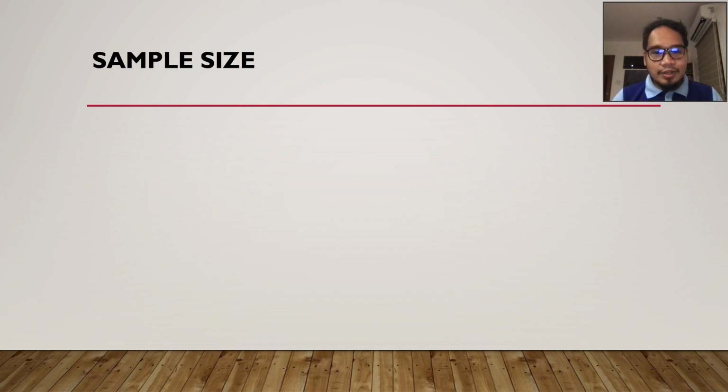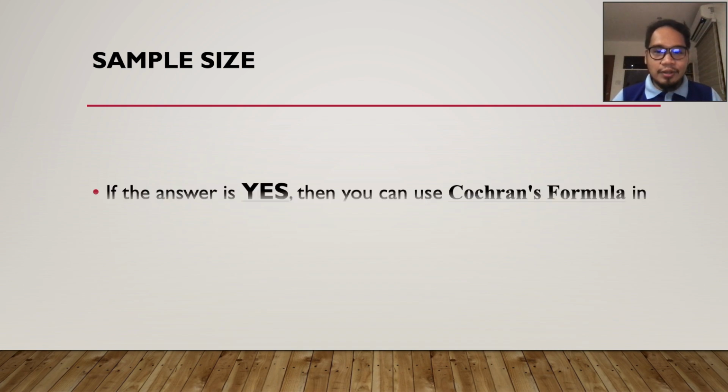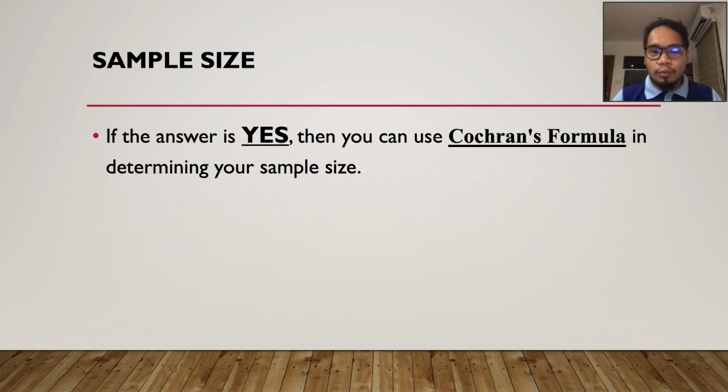If the answer is yes in your particular study, then what we will use is Cochrane's formula in determining your sample size. It's called Cochrane's formula because it was formulated by William G. Cochrane. This is one way to determine the sample size, given that you can produce your population size.